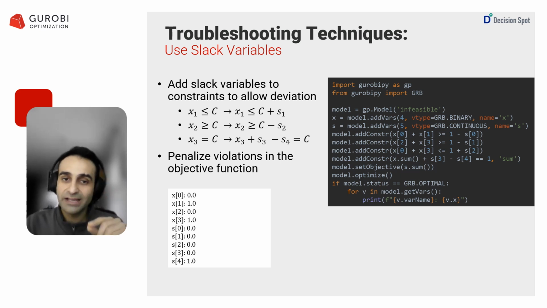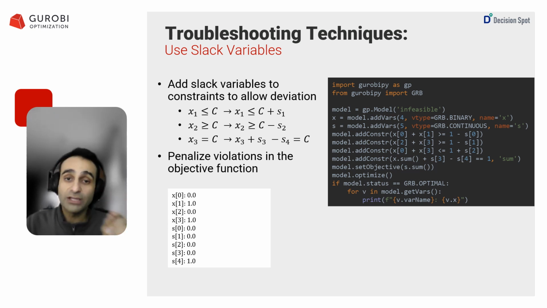By adding slack variables, essentially you're allowing the model to deviate a bit from the bounds set. So if we have a less than or equal constraint, we add an artificial variable to the right-hand side, allowing the upper bound here to be a bit more. Of course, if you prefer, you can bring it to the left-hand side with a negative sign, right? Anyway, this variable is called a slack.